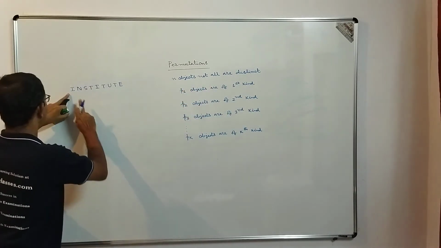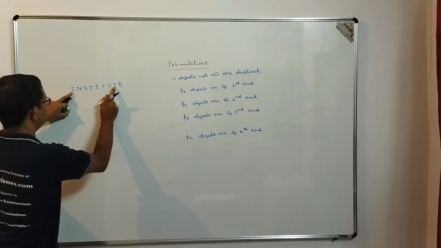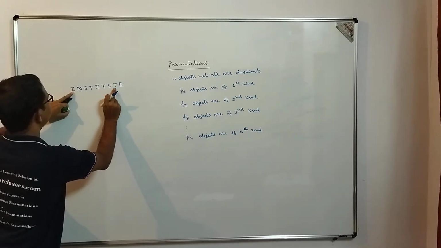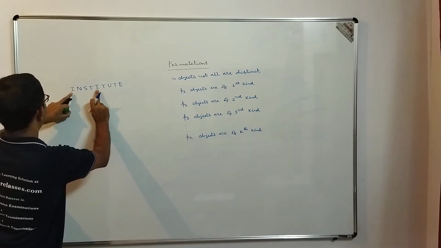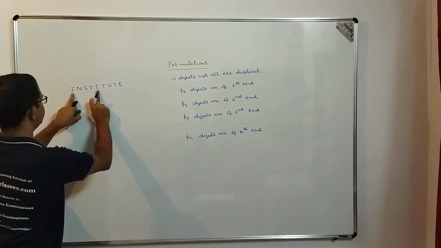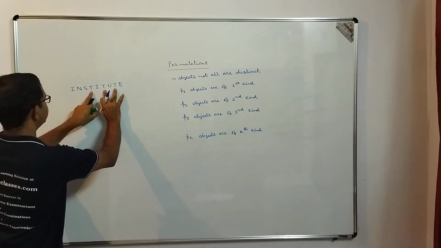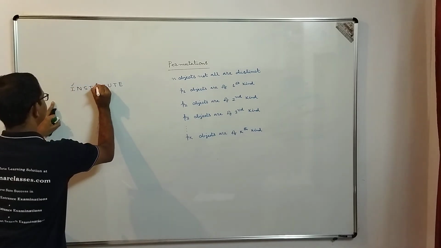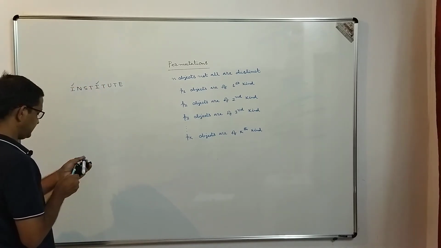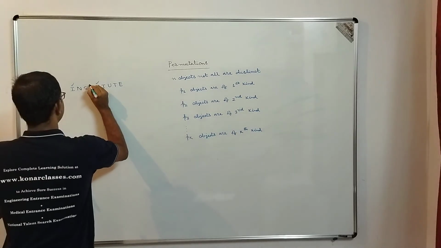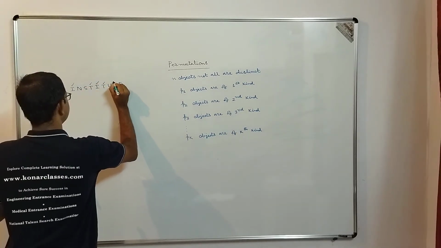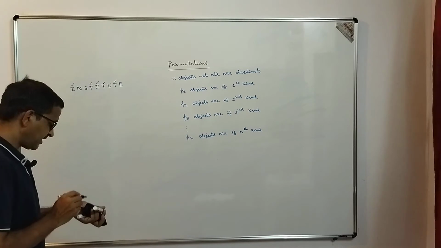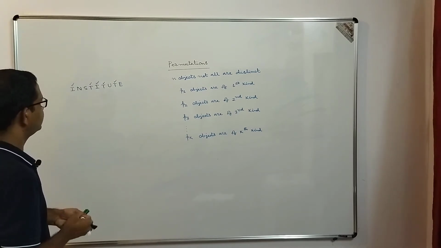Why? Because I is there two times in these two places, and T is there in three places.